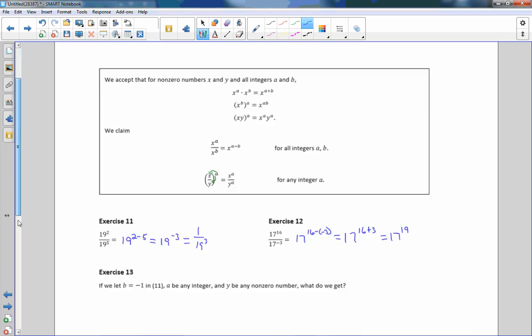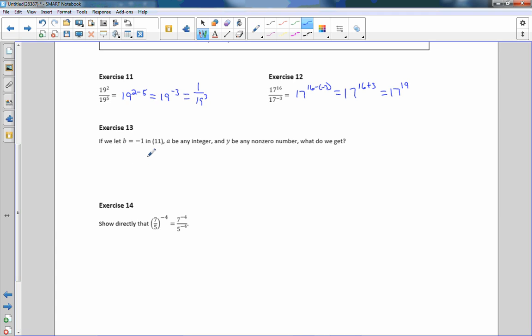So what they're talking about here is the rule in the teacher edition, rule 11 from above, and it says if we let b equal negative 1, so here's my b, that's my exponent, so I'll just put that right here, and a is any integer, so I'll just leave that.